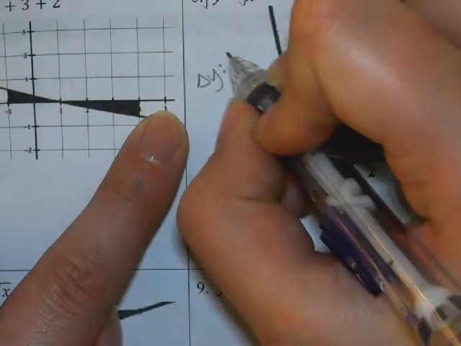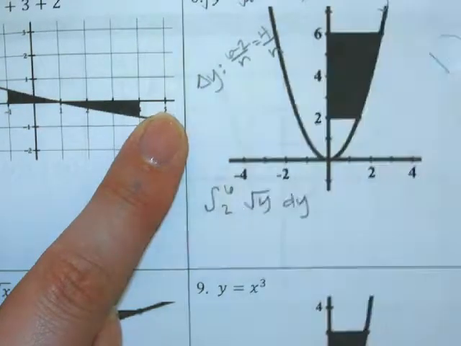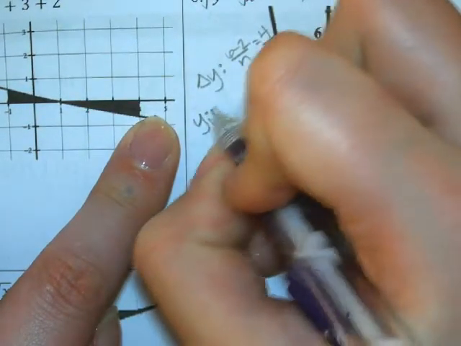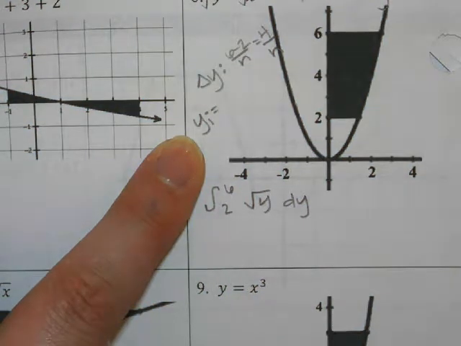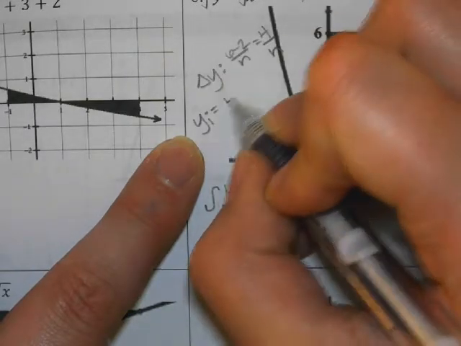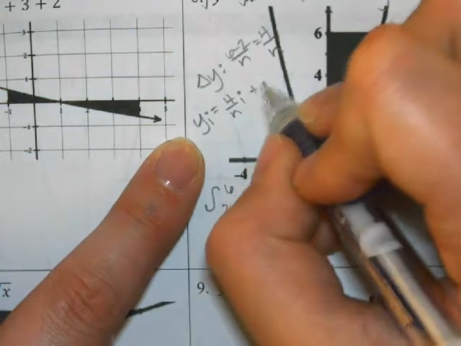Yeah, 4 over n, so 6 minus 2 over n, which is 4 over n. And then we're going to have y sub i, since we're plugging in y's this time instead of plugging in x's. So that would be 4 over n i plus 2.